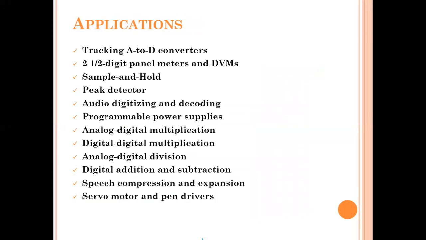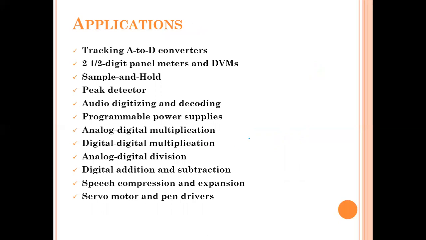Next we have the following applications. Since this digital to analog converter has been used in many things, in day-to-day life we are almost converting all the analog signals to digital, and again to convert digital back to analog signals, we go for digital to analog converters.